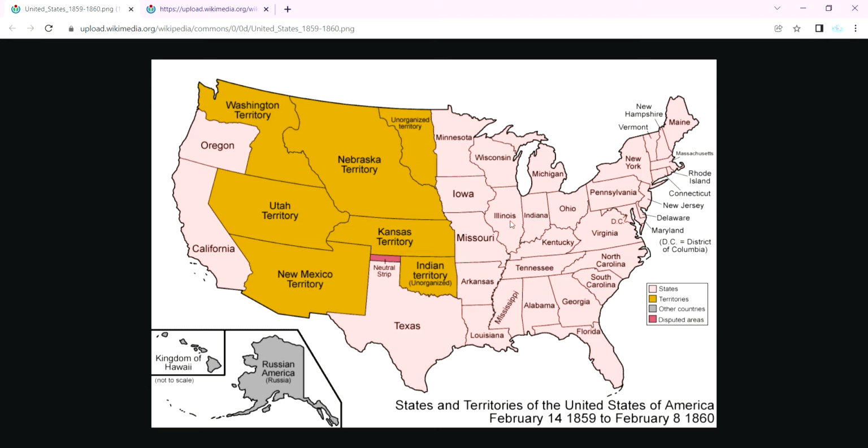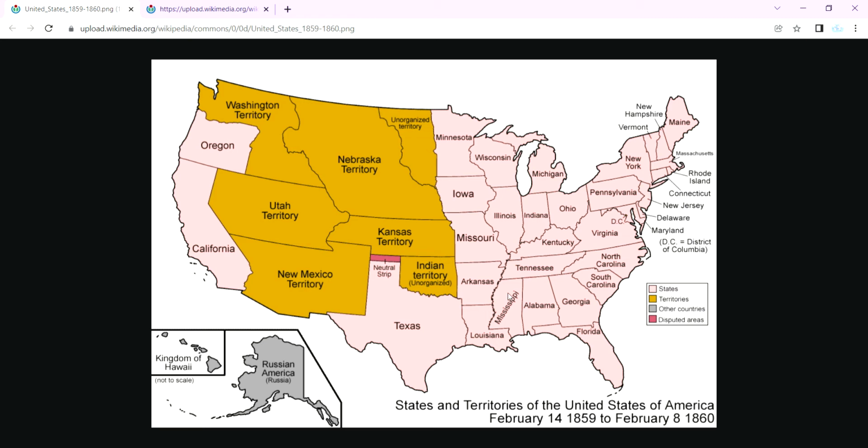And as the country expanded westward, so did the problem of slavery. A lot of compromises were made that just kicked the can down the road. A lot more slave states and anti-slavery states were added. Some of these states were anti-slavery, and these states were pro-slavery.